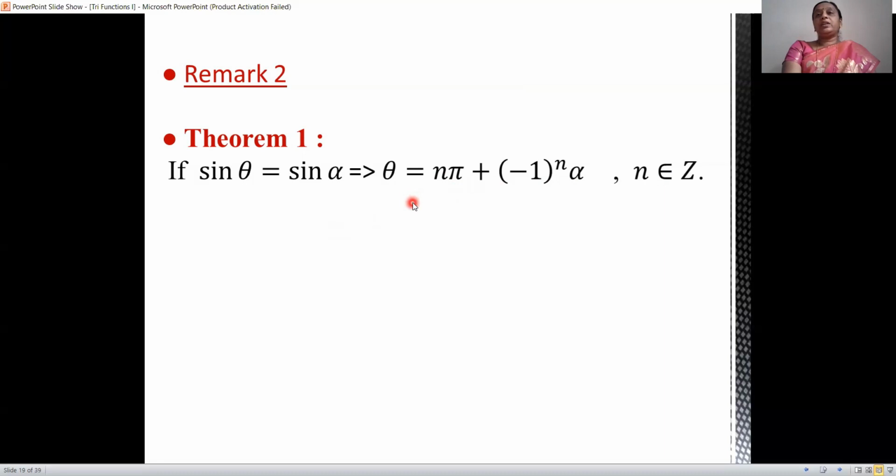In my 20 years of teaching experience, such types of theorems are never asked in the exam. Therefore, you don't worry about the proof. You only remember this as a formula.